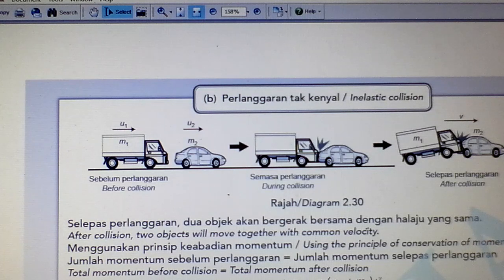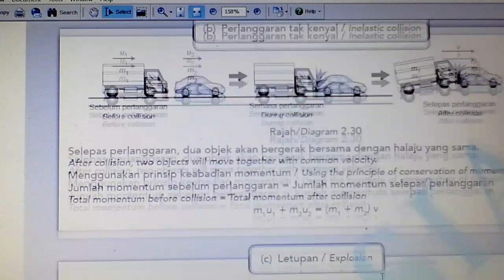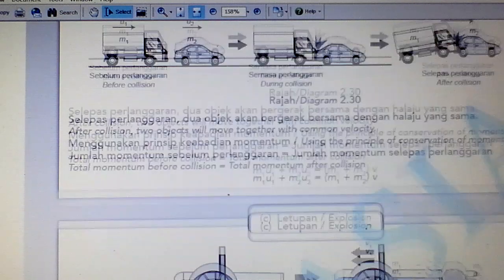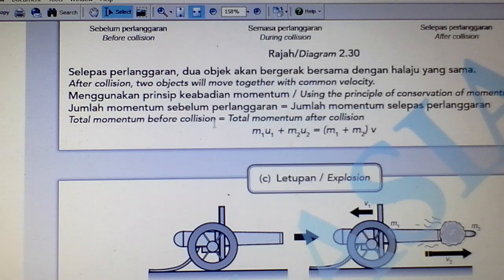So they move with common velocity v, right? So they have this general equation. So for inelastic collision, normally after collision, the two objects will stick together or move together with common velocity. So we have this general equation for inelastic collision.